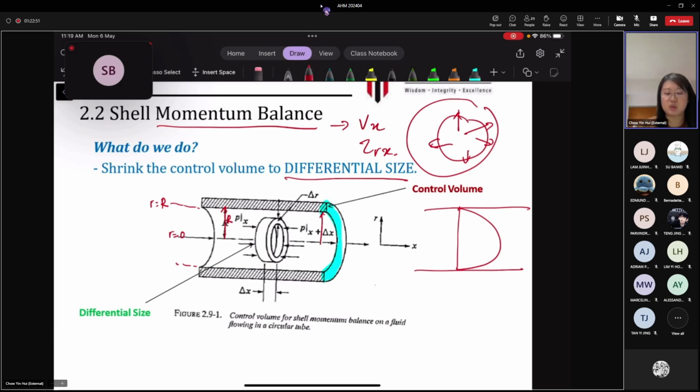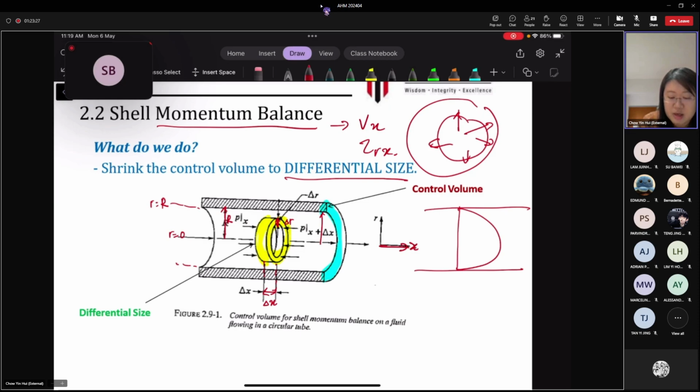So that's why, when you shrink it to a differential size, we are actually analyzing a ring of the flow, a very differential size within the fluid. For this ring of flow, the thickness in the x direction is delta x, and the thickness of the ring in the radial direction is delta r.